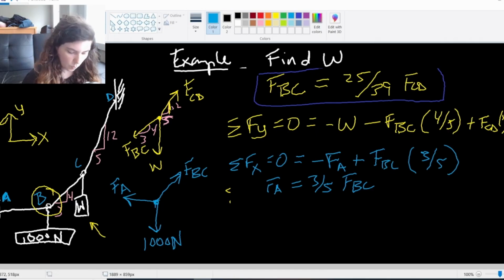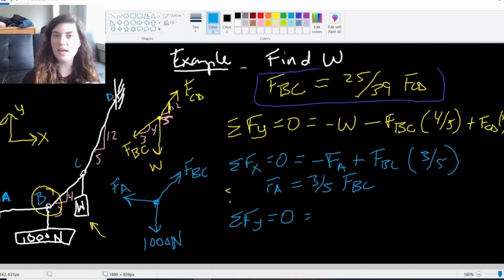Now let me look at my y components here. Sum of all Fy components equals 0. FA has no y components to it, but I do have this negative 1,000 newtons.